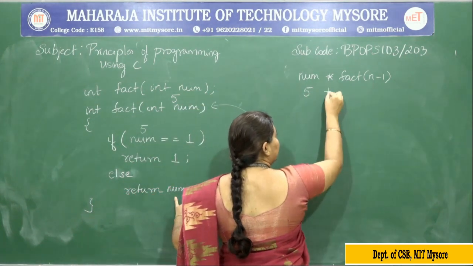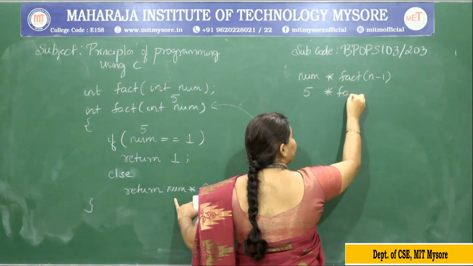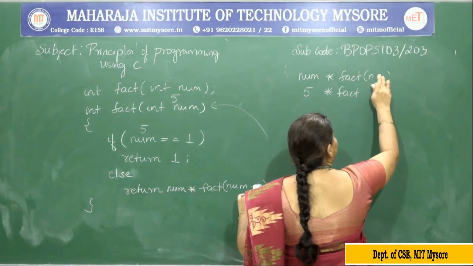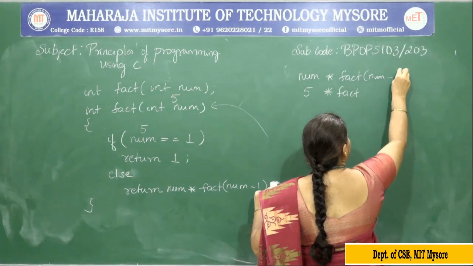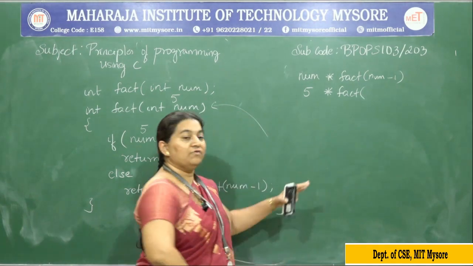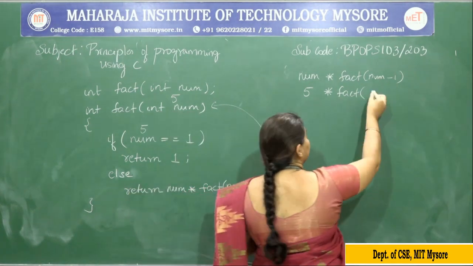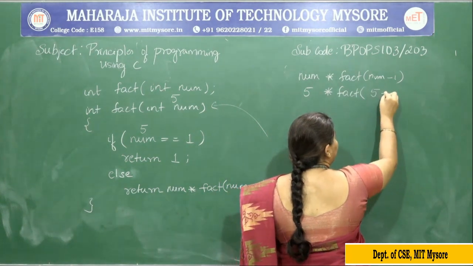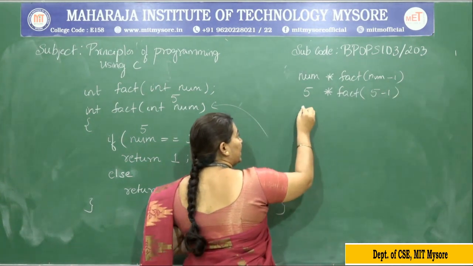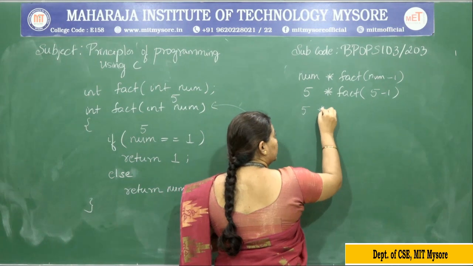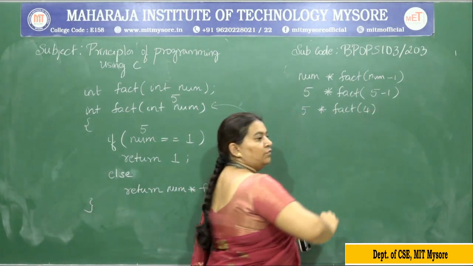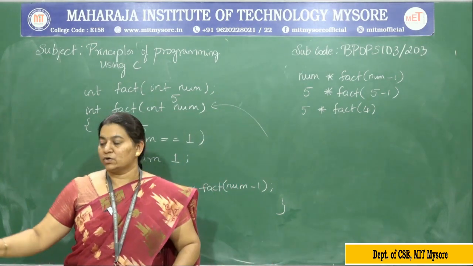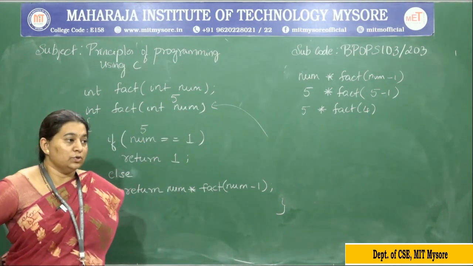So 5 into, next is fact of num minus 1. So num is 5 minus 1. So what will happen? 5 into, this is nothing but a fact of 4. So it is a fact of 4 I am going to use.